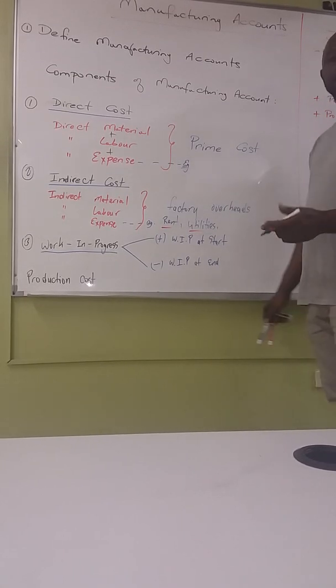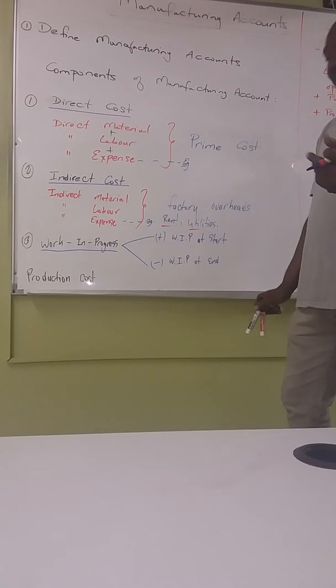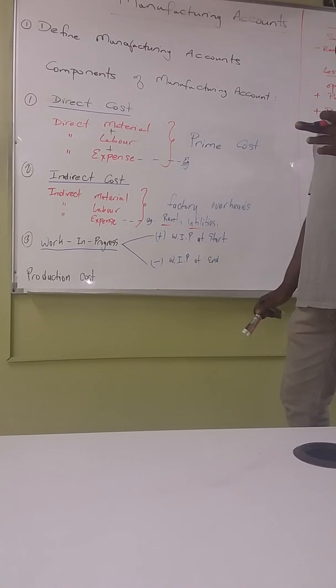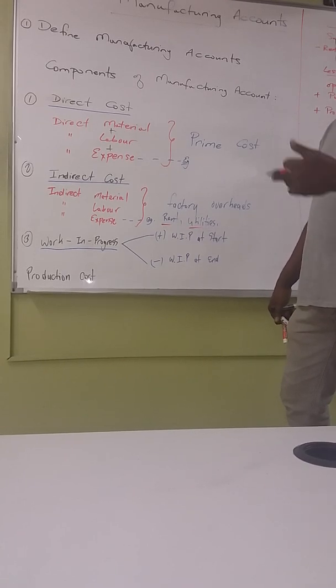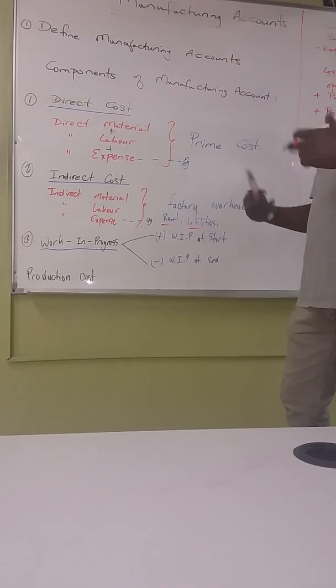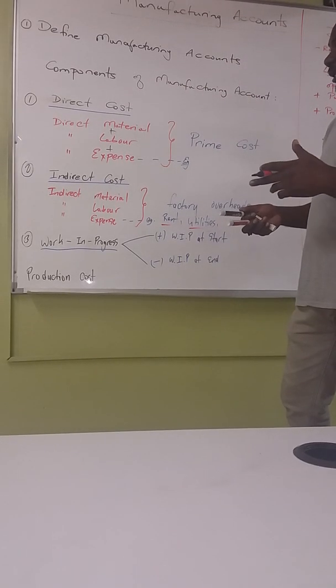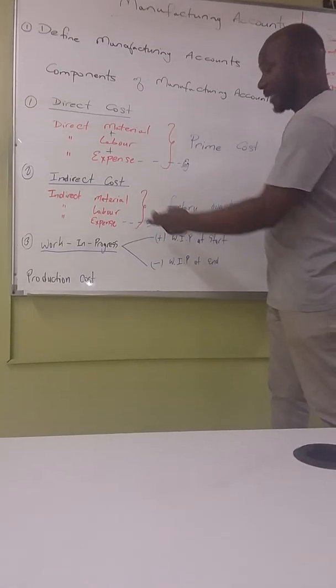Your utility cost, meaning your water, your light, etc., you may not be able to trace that back to production. Your security cost, because you may have security and install security cameras in the factory, are also costs known as indirect expense.